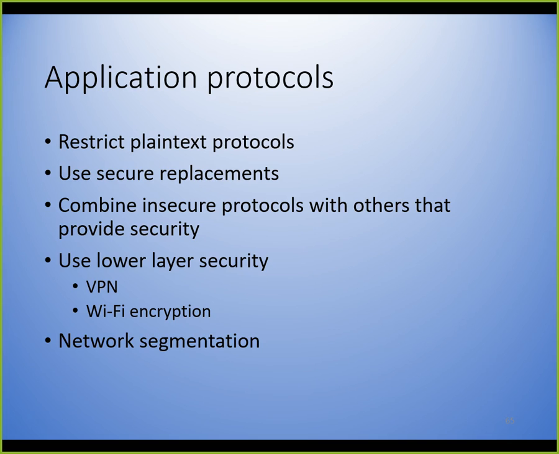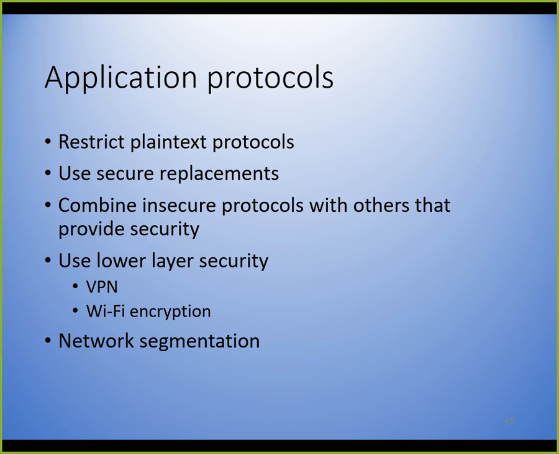Application protocols, the way we do this: restrict the plain text protocols, and those would be the Telnets and the FTPs of the world. Secure replacements for Telnet, SSH, secure FTP. Combine insecure protocols with others that provide security. IPv4 is insecure. We use IPsec in order to make it secure.